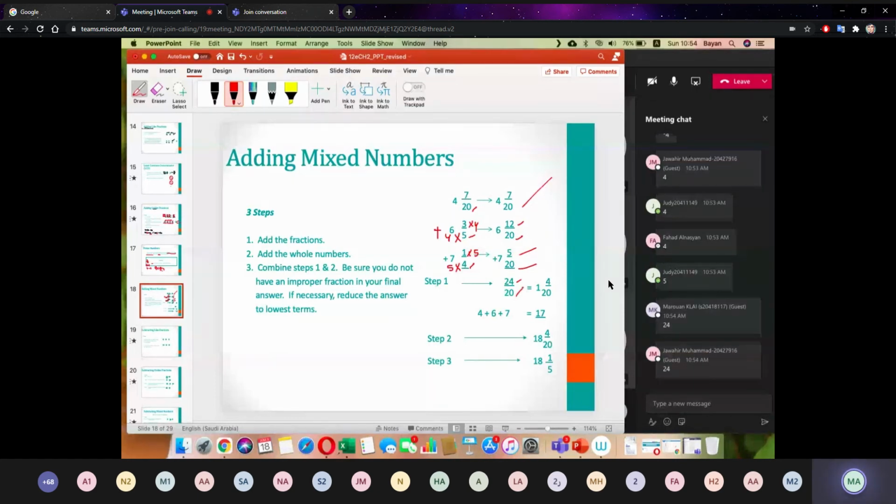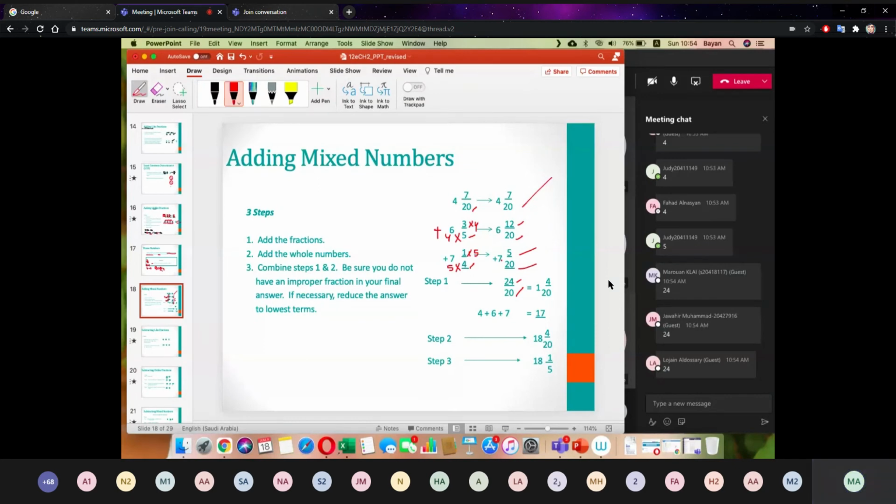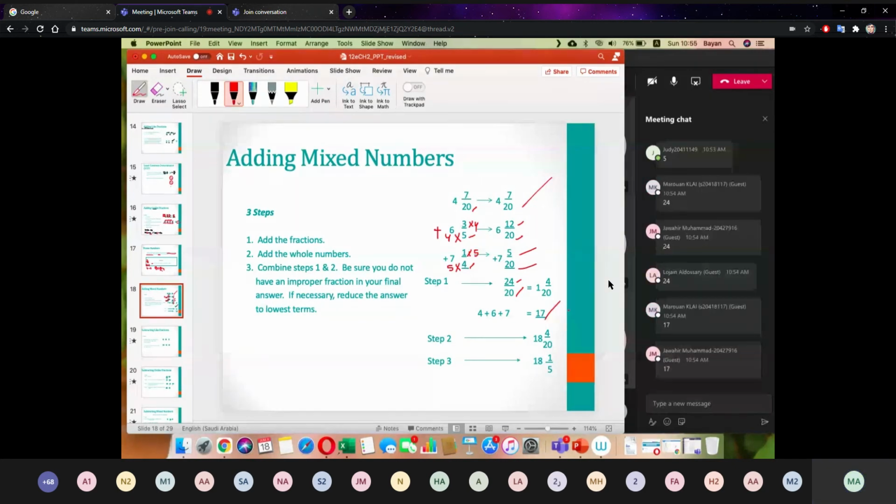Here we have 4 plus 6 plus 7 is 17. So you will have 17 with 24 over 20.